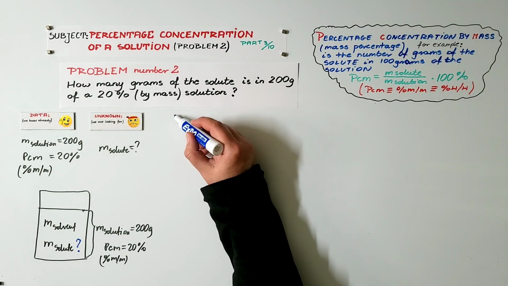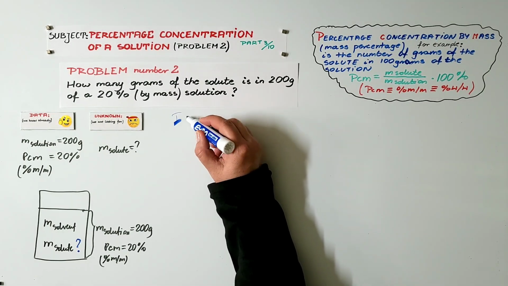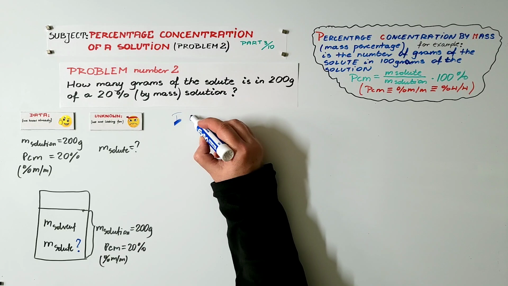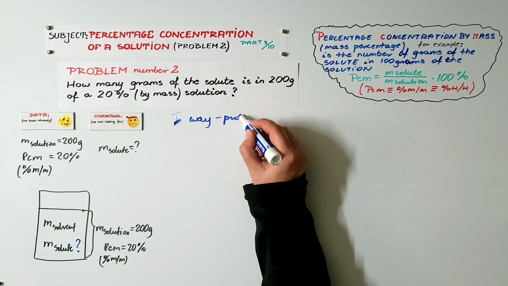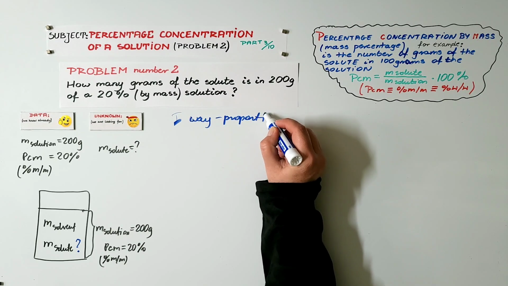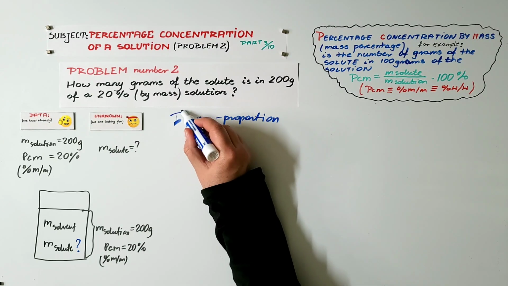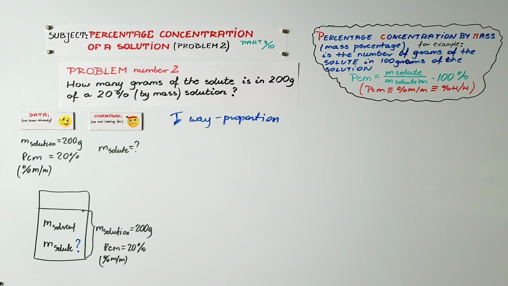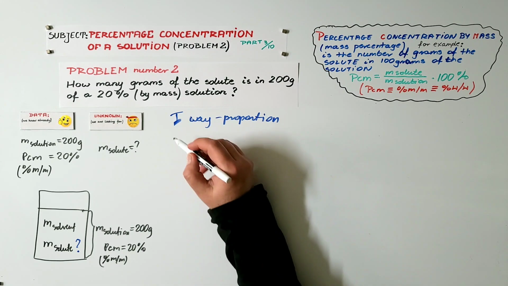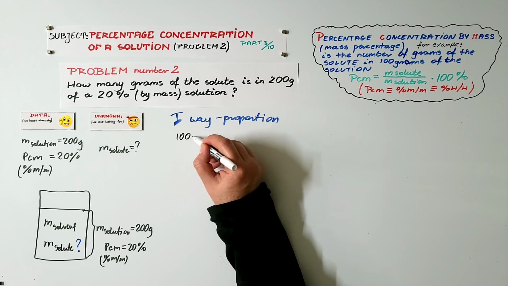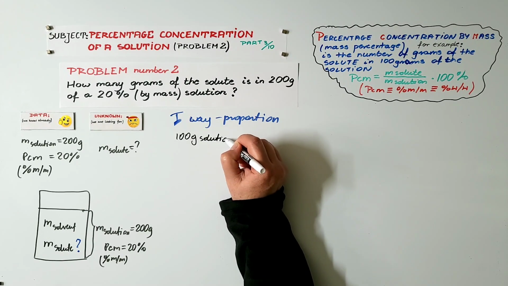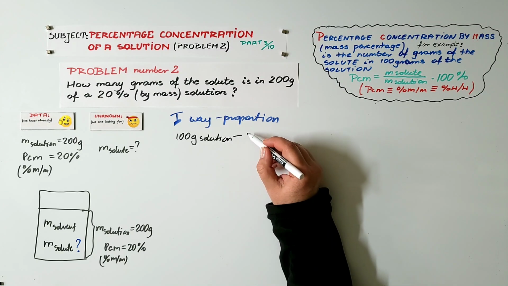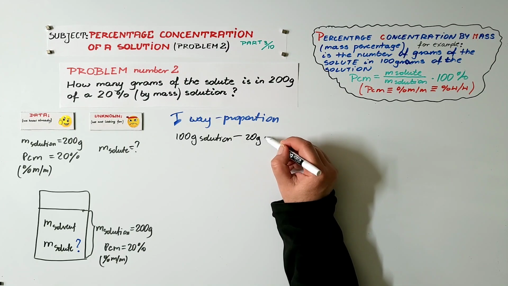First way, proportion. Based on the data provided in the problem, we know that in 100 grams of solution, there is 20 grams of solute.